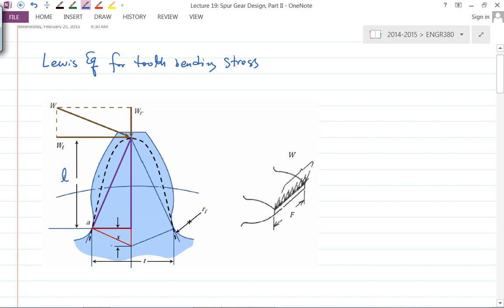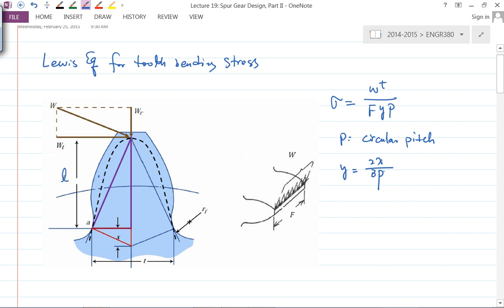So in the first lecture, I think what we derived is sigma equal to Wt over F times y times small p, where small p is the circular pitch, and small y is 2x over 3p.